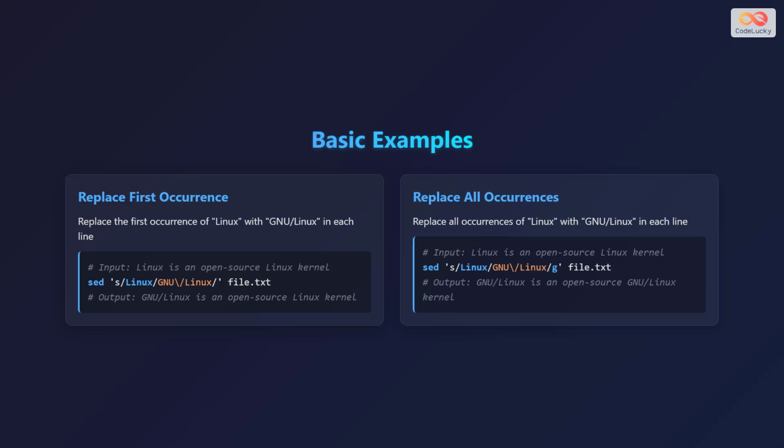To replace all occurrences of the word Linux with GNU/Linux in each line, you can use the command sed 's/Linux/GNU\/Linux/g' file.txt. If the input is Linux is an open-source Linux kernel, the output will be GNU/Linux is an open-source GNU/Linux kernel.